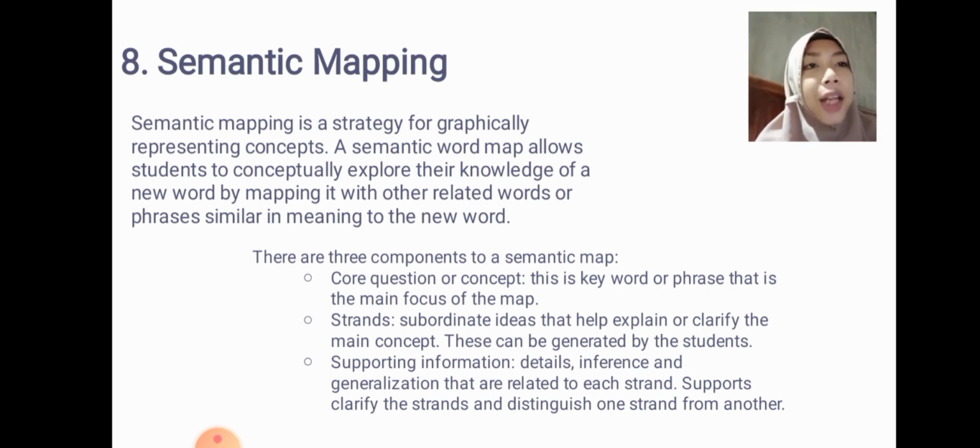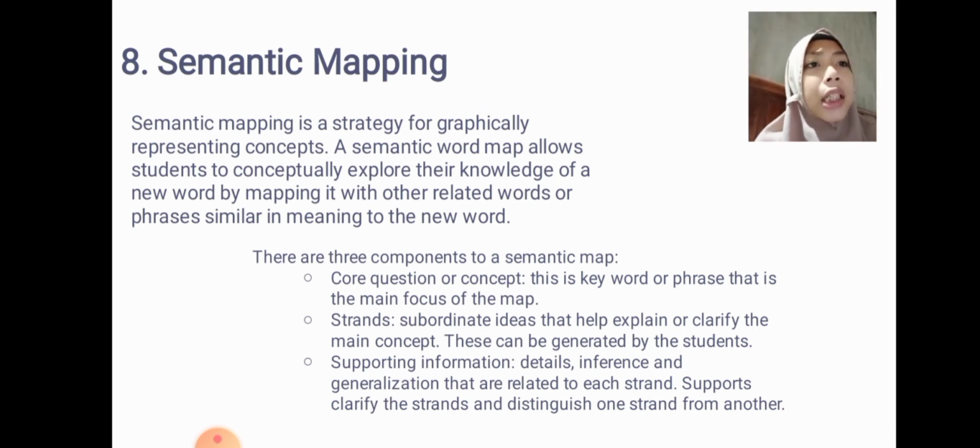There are three components to a semantic map. First, core question or concept. This is a keyword or phrase that is the main focus of the map. Second, strands, subordinate ideas that help explain or clarify the main concept.